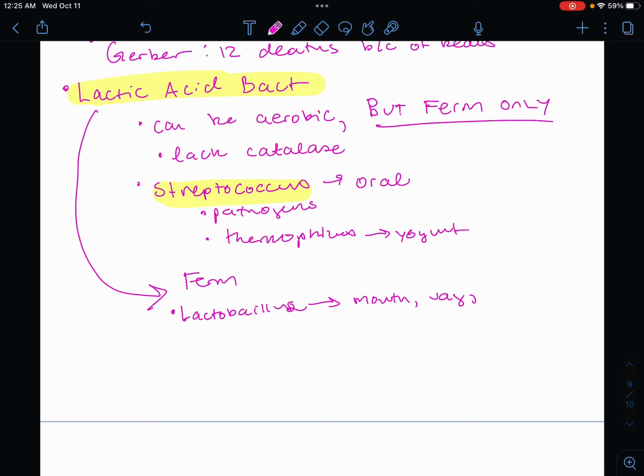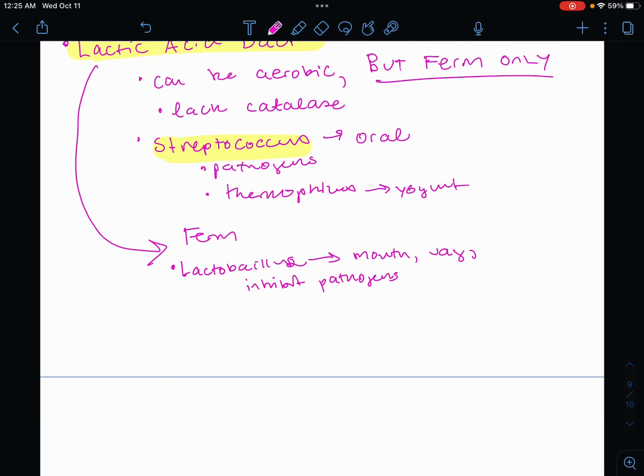They're also going to be tolerant of those lower pH areas. They're going to be able to live there and inhibit pathogens. Since there's that lower pH there, they're able to thrive. Some other pathogenic microbes cannot. They're also important in culinary since they are used to make cheese, which is pretty interesting. I did not know that.